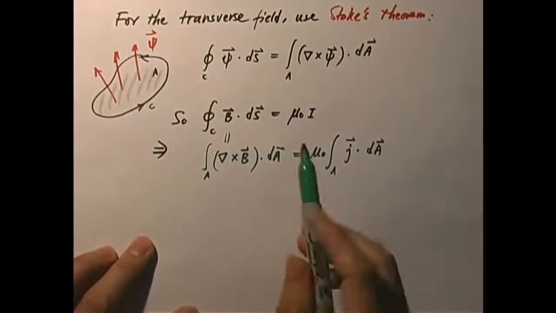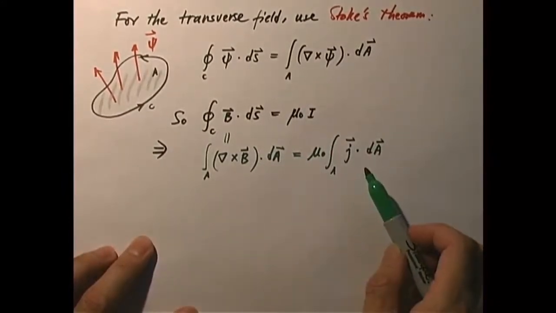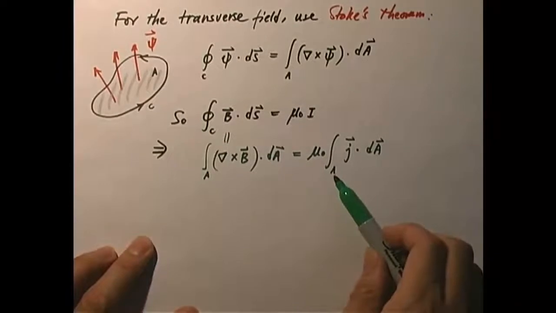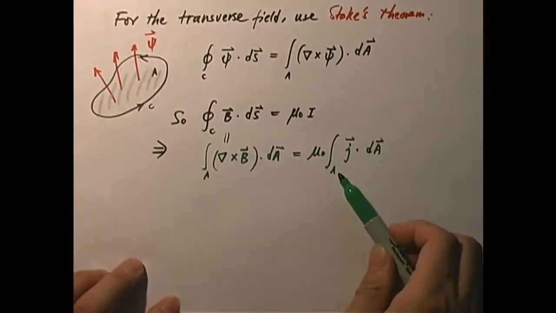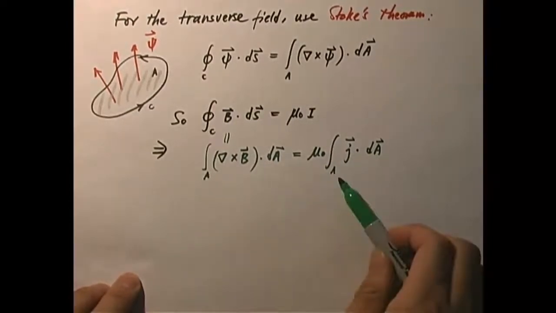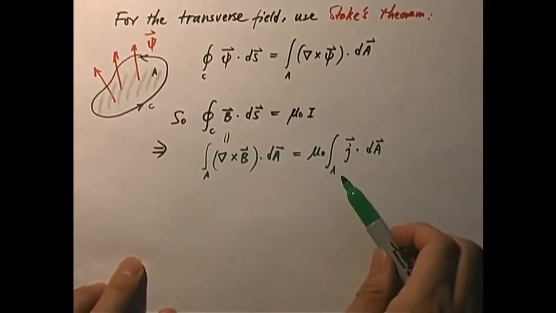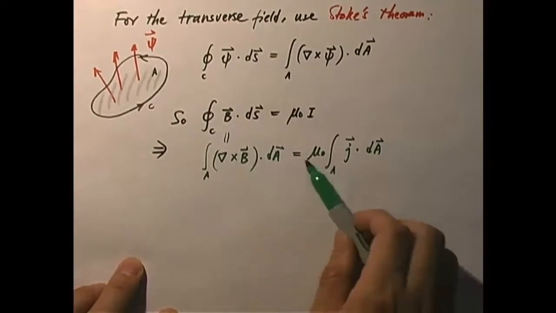And once again, since these two integrals are always equal to each other over the same area A, regardless of the shape and size of the area A, to make that happen for all possible areas A, we must equate the integrands of the left-hand side and the right-hand side.